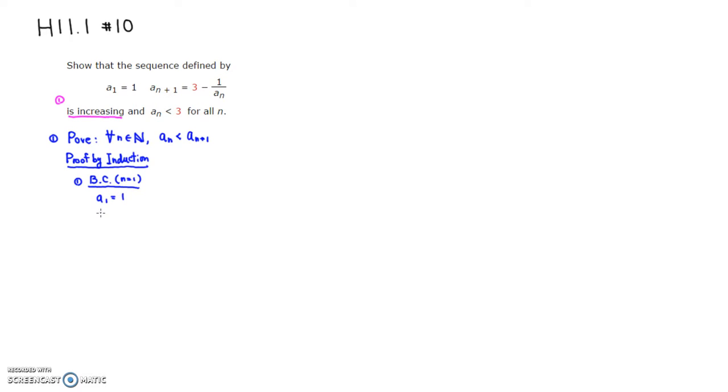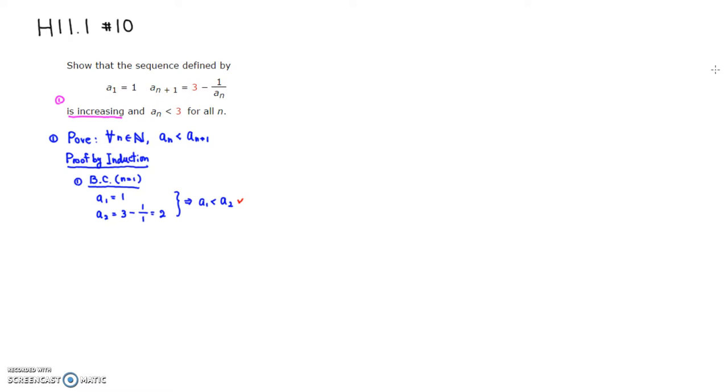Then a_2 is just following the formula: it's going to be 3 minus 1 over a_1, which is 1. So this is equal to 2. So 2 is definitely larger than 1. This tells you that a_1 is definitely smaller than a_2. So the base case is verified.